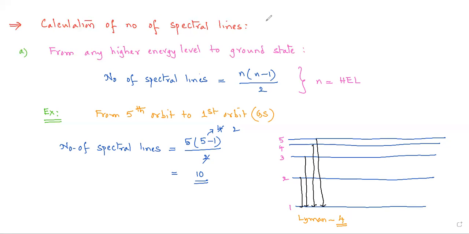Now when you go for Balmer, fifth to second, fourth to second, third to second. So in Balmer you get 3 lines. Even this is important: 4 in Lyman, 3 in Balmer. Let's see how many in Paschen. 2 in Paschen. And finally, check this out. See, just 1 in Brackett.